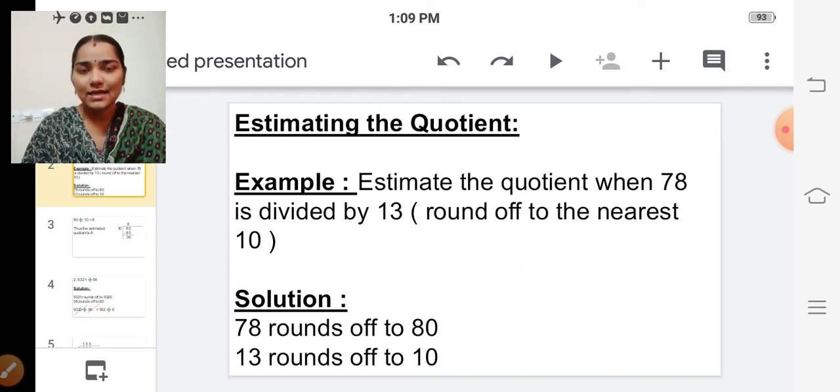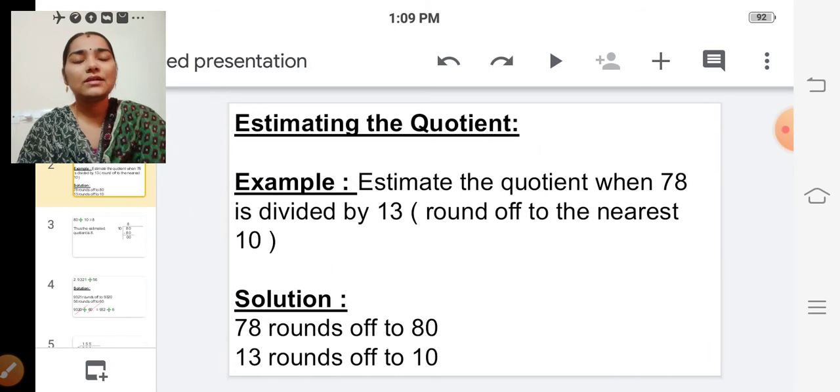Is it clear, children? So in the next step we are going to divide 80 by 10 to find the estimated quotient.